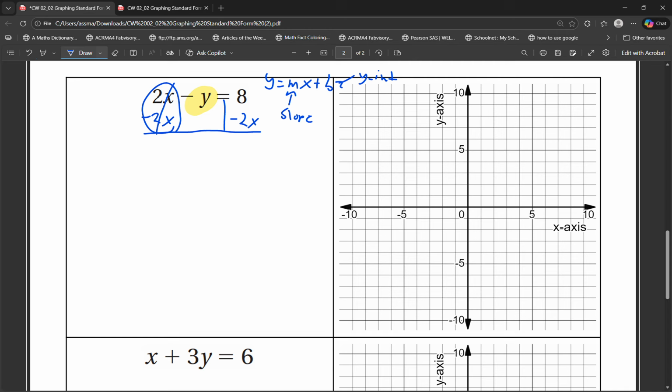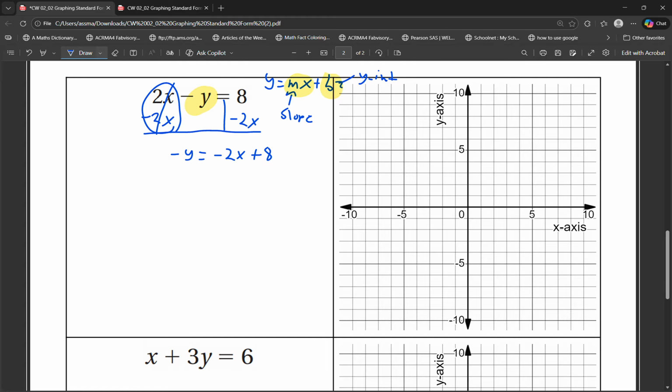So we get negative y is equal to, and again, pay attention to the form. Notice that it wants the x first and then the term without the x second. So I write negative 2x first, and then I put plus 8, because the 8's positive.